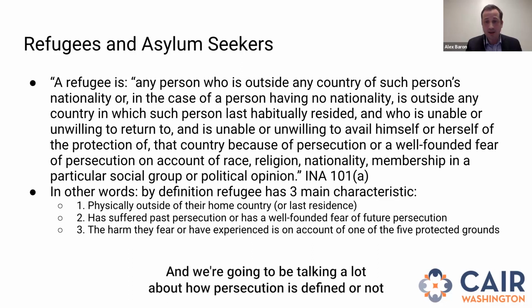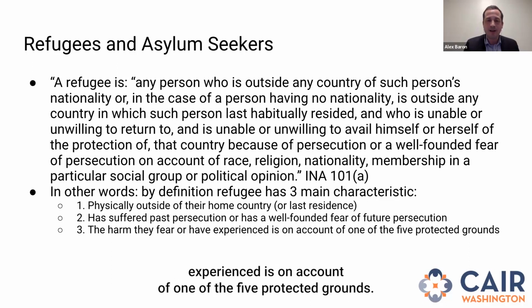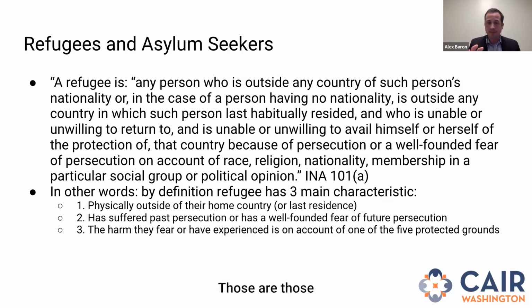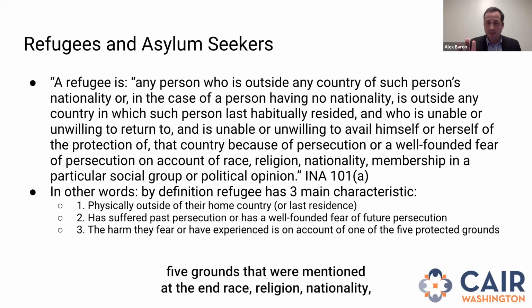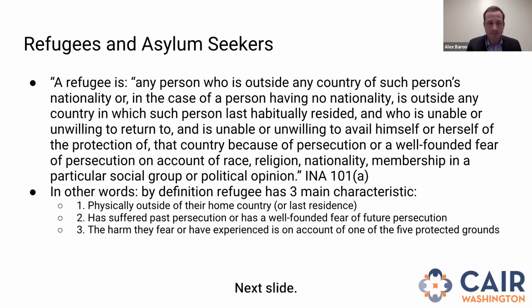And we're going to be talking a lot about how persecution is defined or not defined. And 3, that the harm they fear or have experienced is on account of one of the 5 protected grounds. Those are those 5 grounds that were mentioned at the end: race, religion, nationality, membership in a particular social group, or political opinion. Next slide.